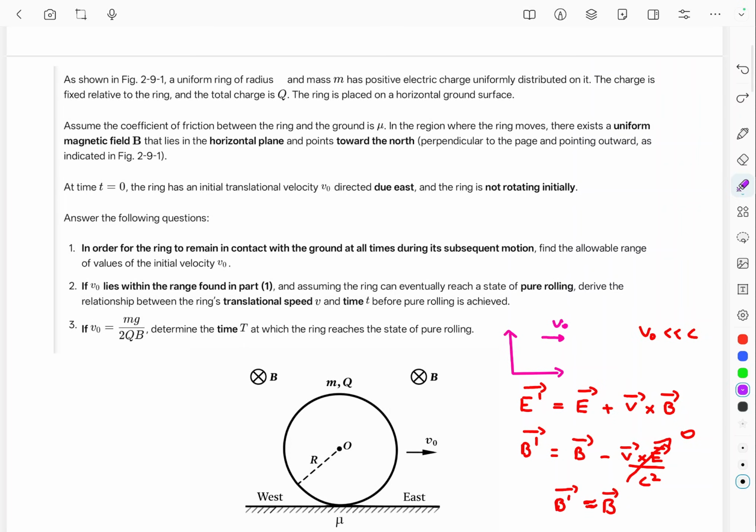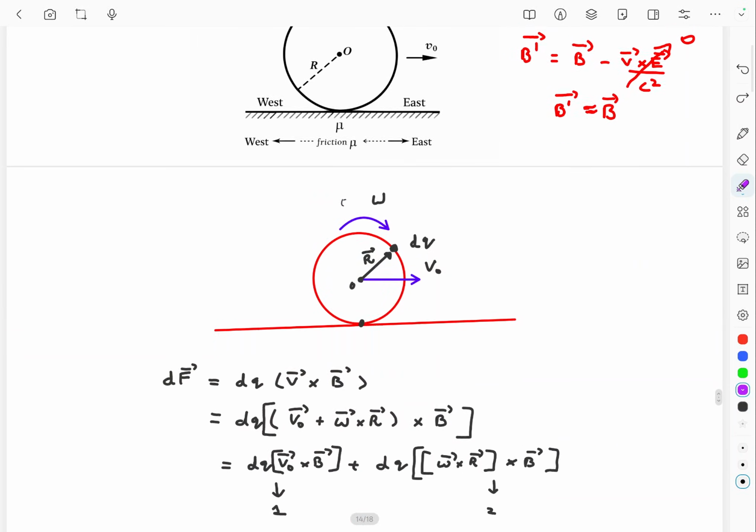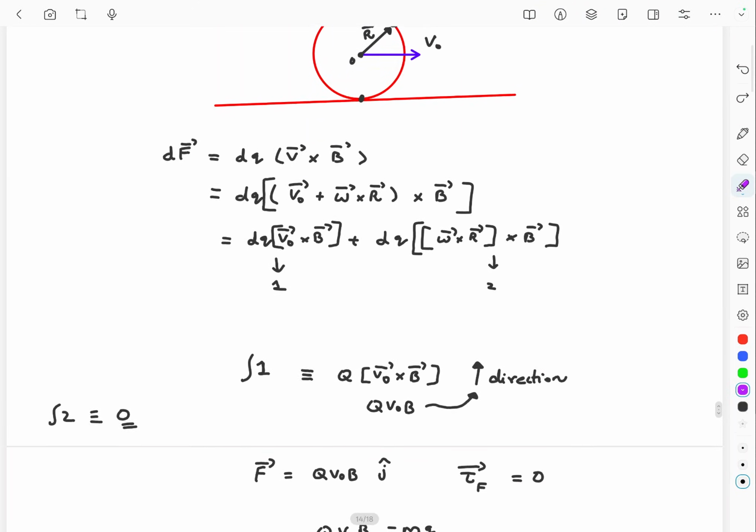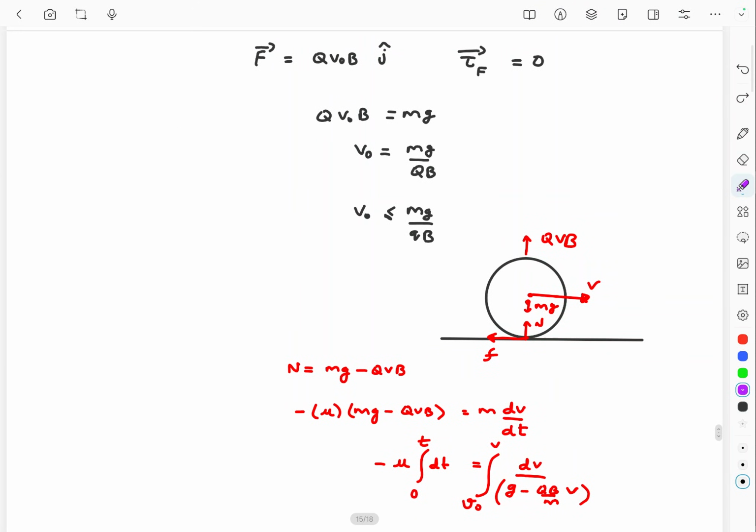Now for the second question, if V0 lies in the range found in the first part, we need the relationship between V and T, translational speed V and T. So this is an F equal to ma problem, right? There is only one resultant force along the x direction, and that is the friction force.